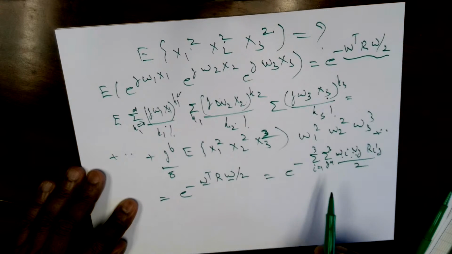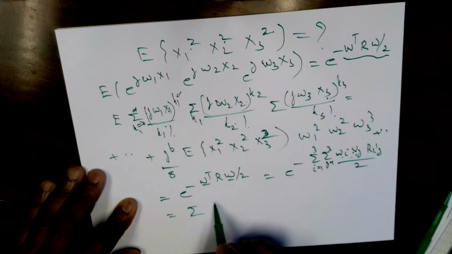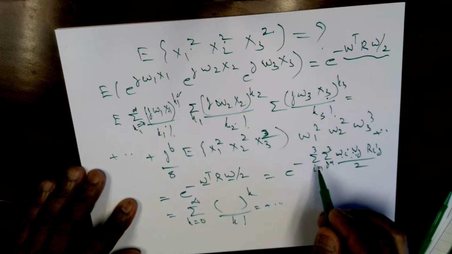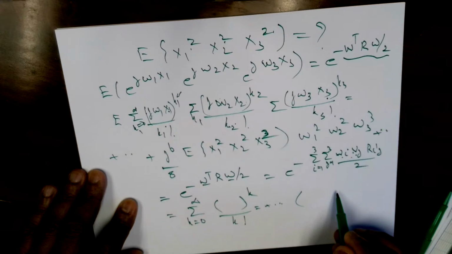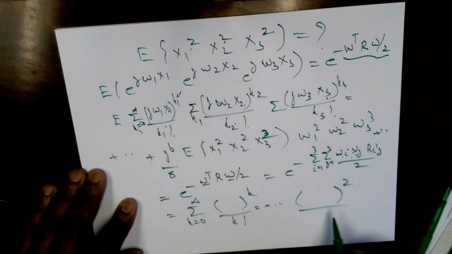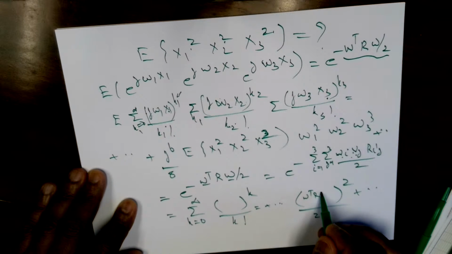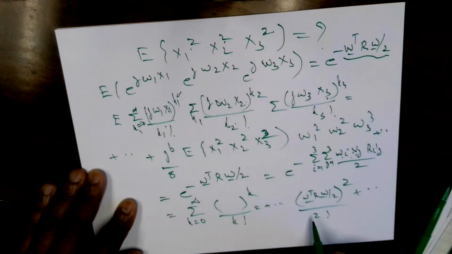When you expand this, it is going to be the summation of this quantity to the power k over k factorial. What we are interested in is at least the square term over 2 factorial. So this term is omega transpose R omega by 2, omega being this vector, and there is a 2 squared here.